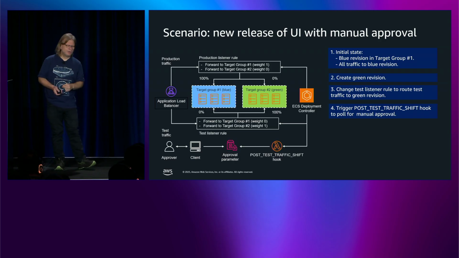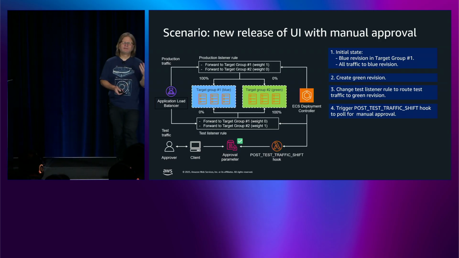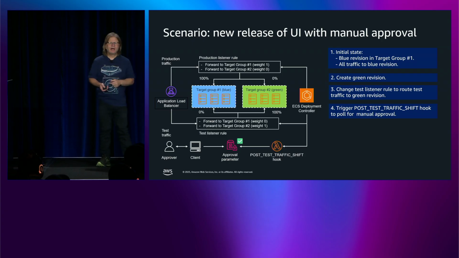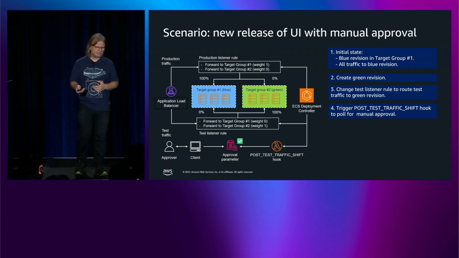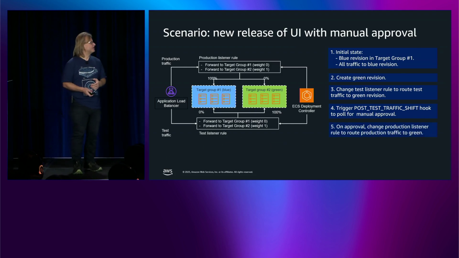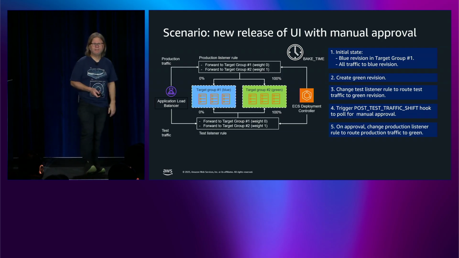Okay, assuming then that we got the approval, we got a tick in the box, so the hook is able to succeed, and we're now able to progress the deployment beyond the post-test traffic shift stage. So now we can move to production traffic shifts. And here we swap the weights on the production rule, and we start our clock for bake time, right?